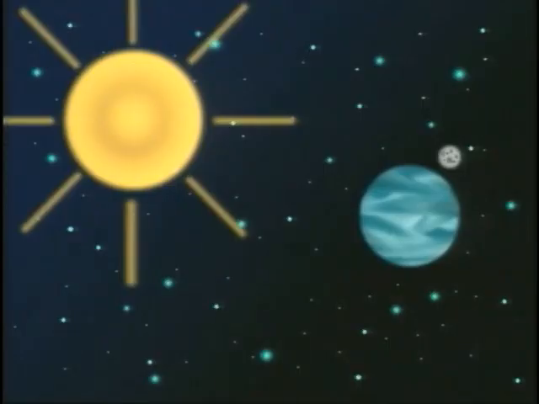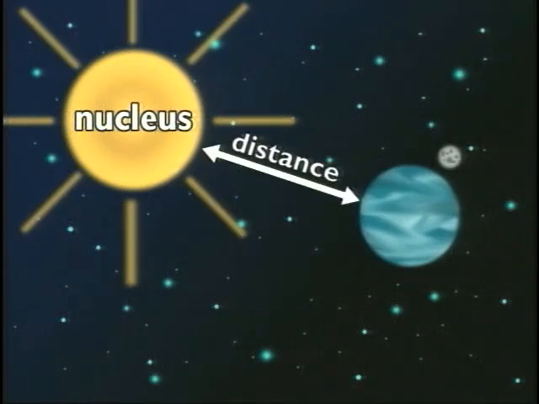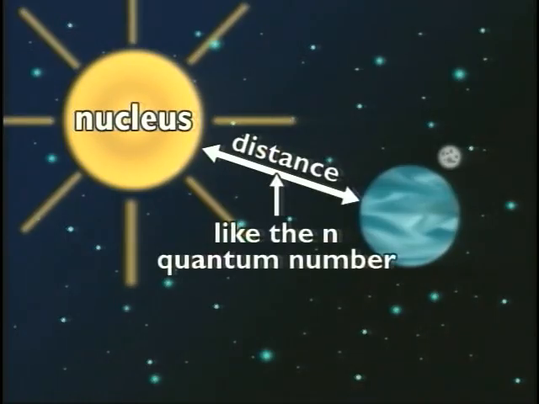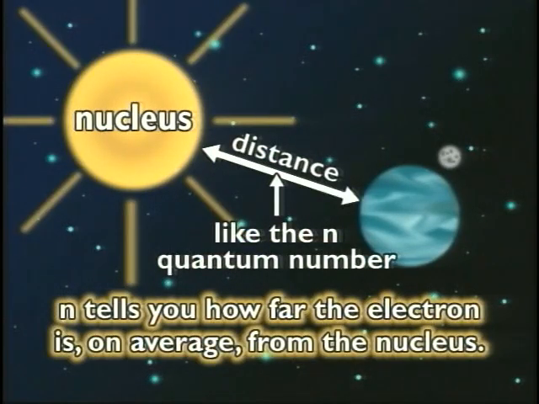Think about the Earth orbiting the Sun. The Sun is like the nucleus. The distance between the revolving Earth and the Sun is like the n quantum number. N tells you how far the electron is, on average, from the nucleus.